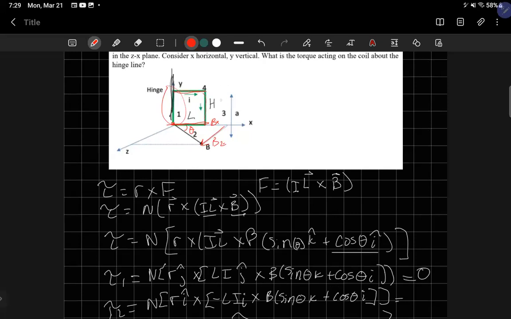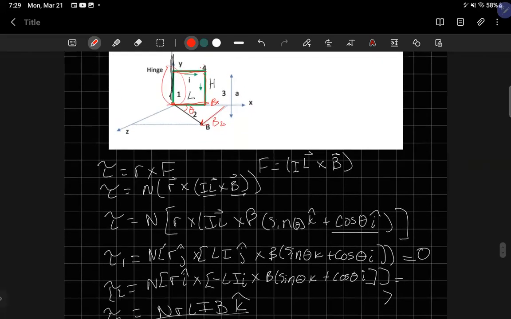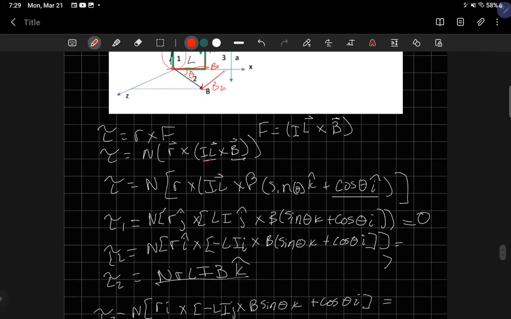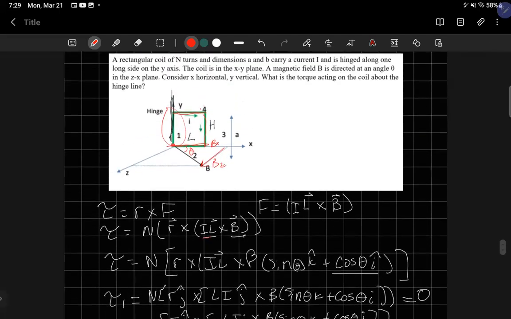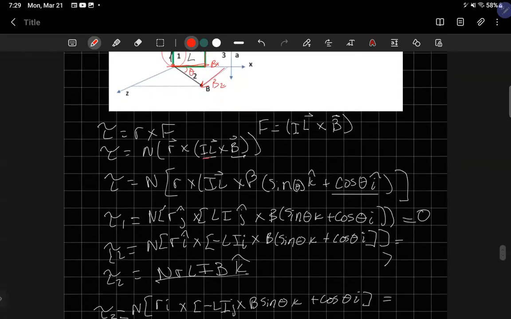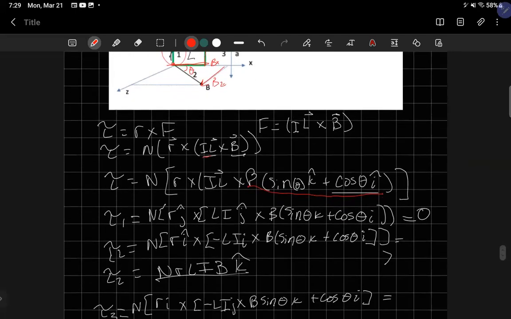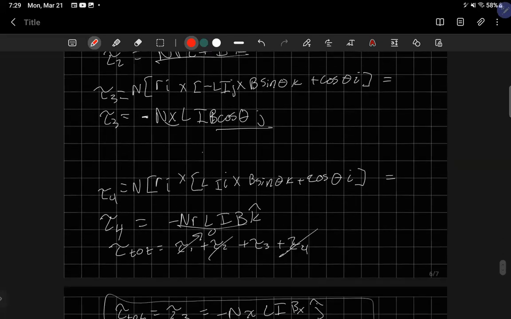On 3, it's going to be x because it's the same value. So that's neat. I is just a current going through. L would just be the length, and then your B is broken up into sine and cosines. Damn, this is a difficult question.